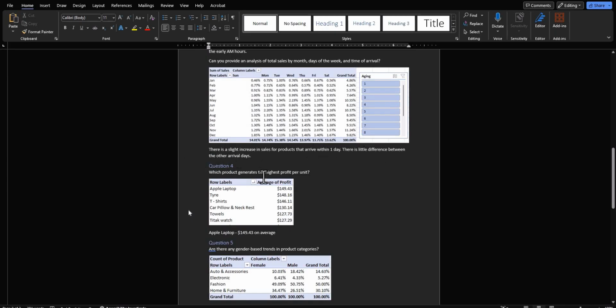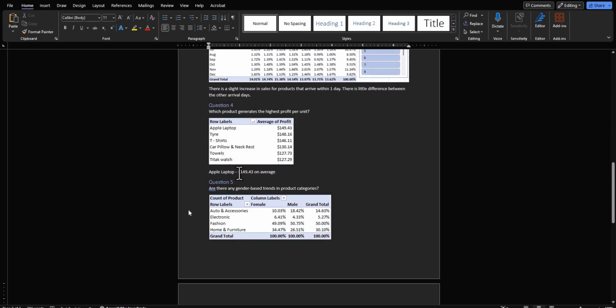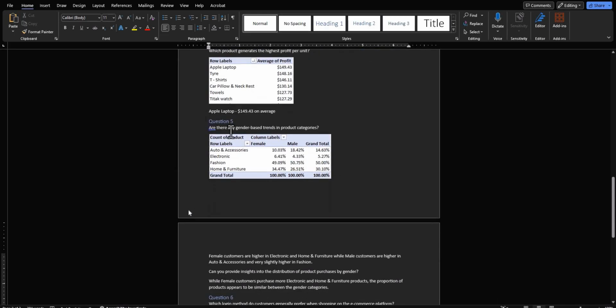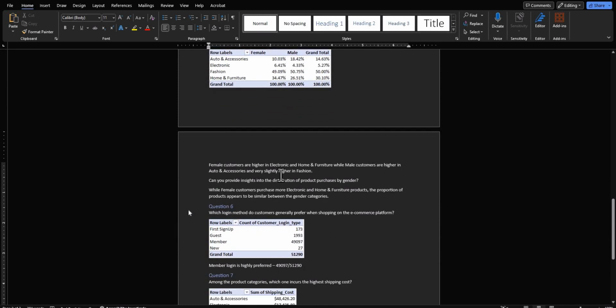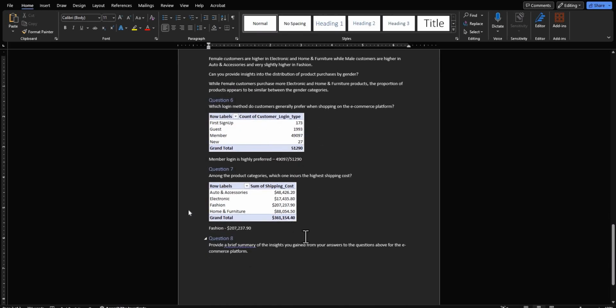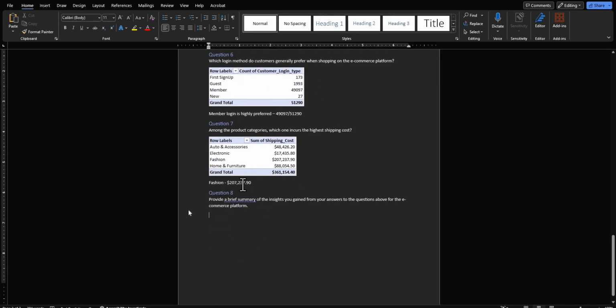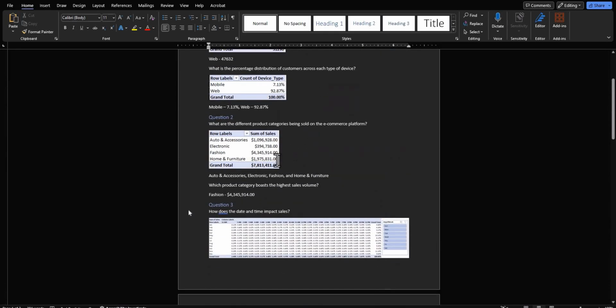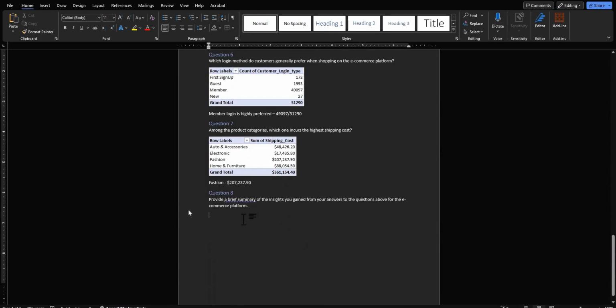Very little difference between the other days. We get the highest profit per unit, Apple laptop. But there are things that compete with it pretty closely. There is some differences between product categories, but we didn't see anything that looked extreme. And then most people are members. And we also get the highest shipping costs, which makes sense because if we look back at this first thing, that is also the highest for that.